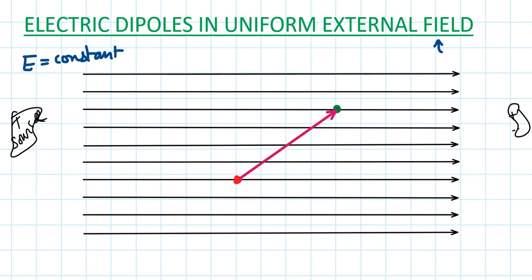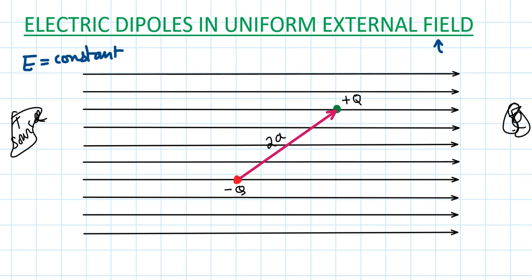Let the distance be 2a. And by the way, this was your minus q and this was your plus q. So what will happen if I put such an electric dipole in the presence of an external electric field?